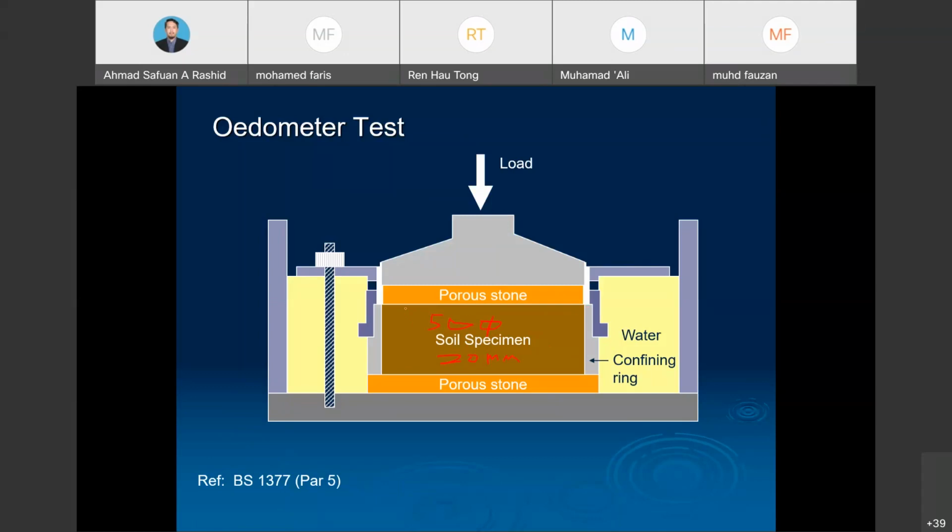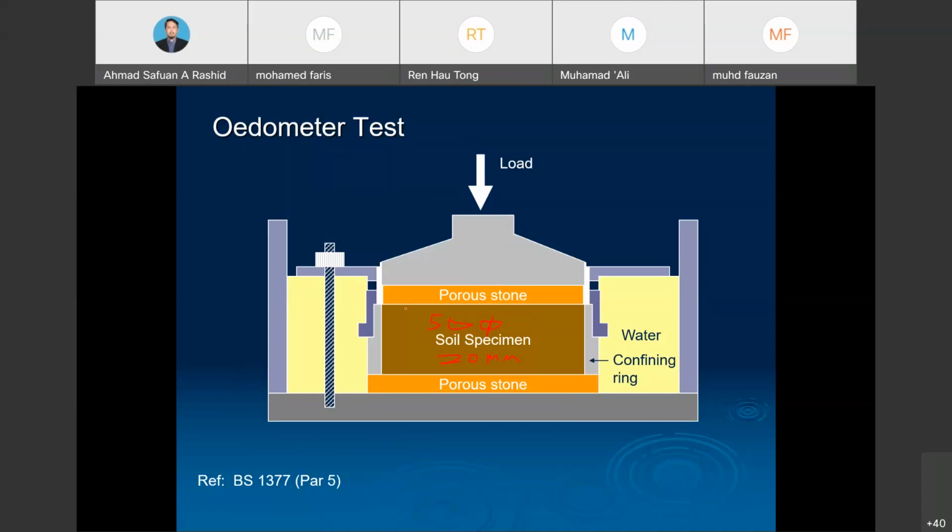Normally when we carry out soil investigation work, we retrieve a soil sample where the diameter could be 75 millimeter or 50 millimeter, depending on the sampler tubes, and the height of the sampler tube is usually around 300 millimeter.